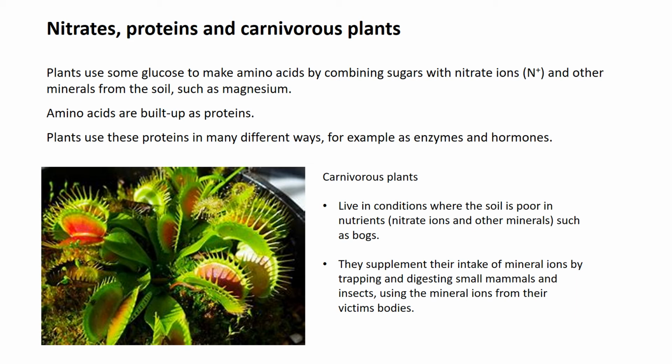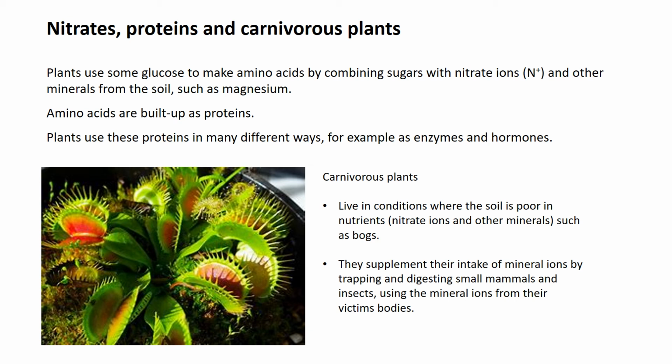Now, some plants do not absorb their nitrates through their roots. Some plants can be carnivorous, and this is a Venus flytrap, like you can see below. Now, it doesn't actively go around snapping at insects. It lures the insect to the flower, sorry, not mouth. And it's covered in sticky mucus, which the insects then can't get away from.